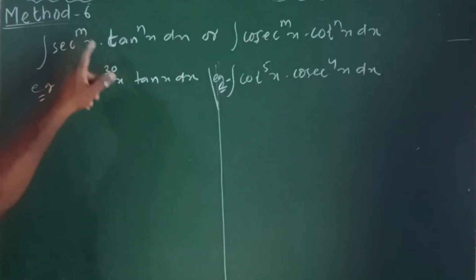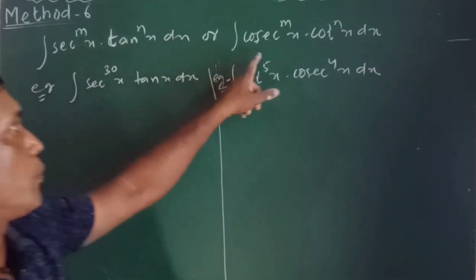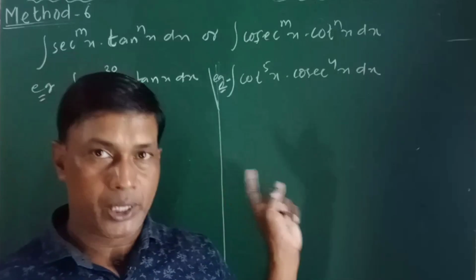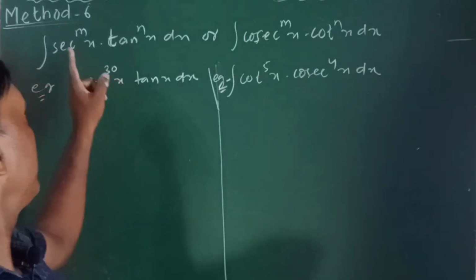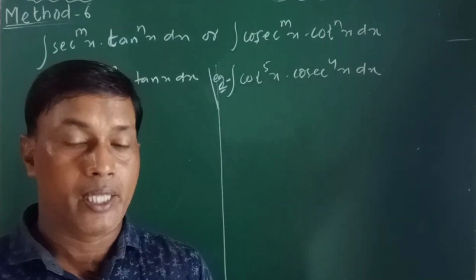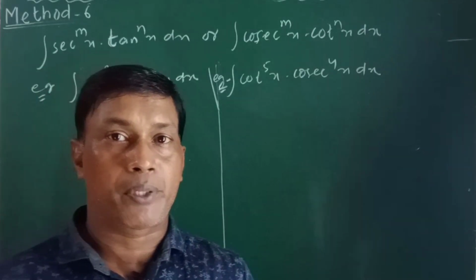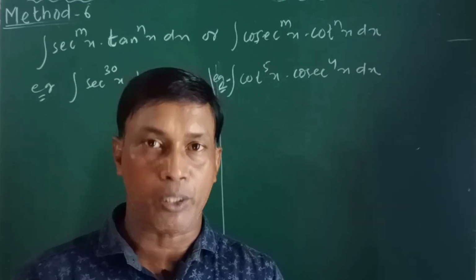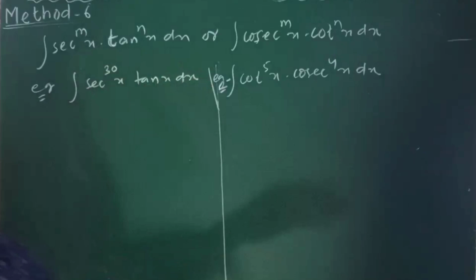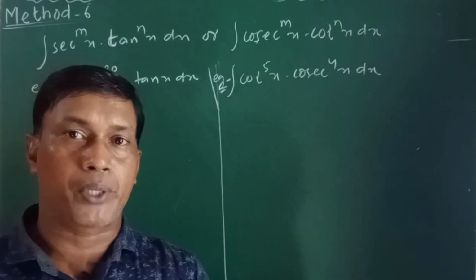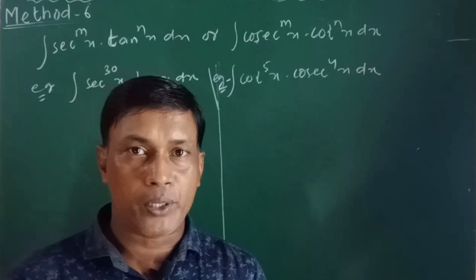Now integrate sec to the m x into tan to the power n x, or integrate cosec to the m x into cot to the power n x. That means if you want to substitute sec x, I have already said if you want to substitute a function g of x, then there must be the derivative of g of x. So in this case you have to judge and recognize which function is to be substituted, upon what function you can give substitution.